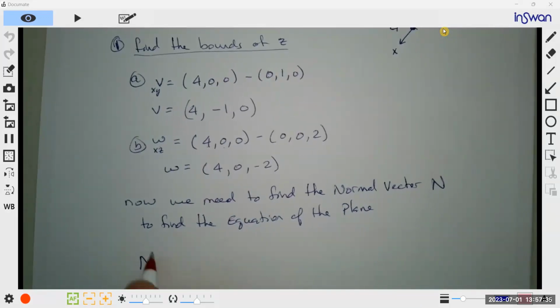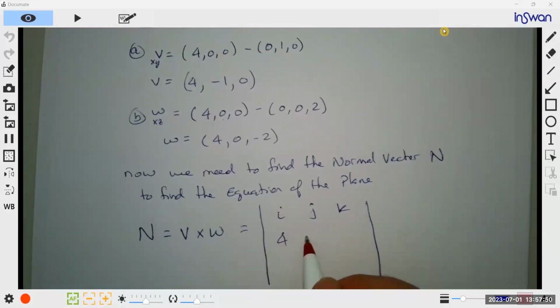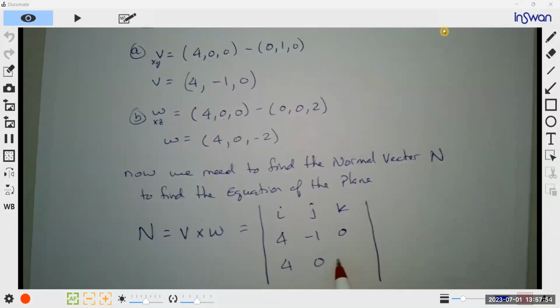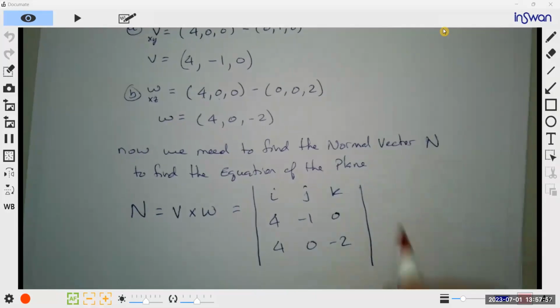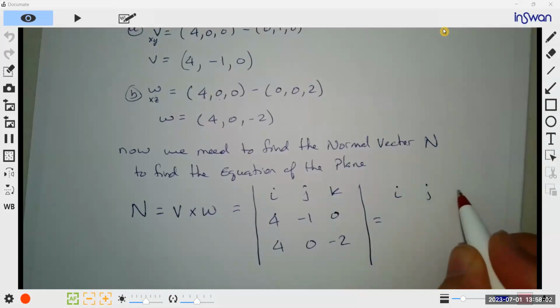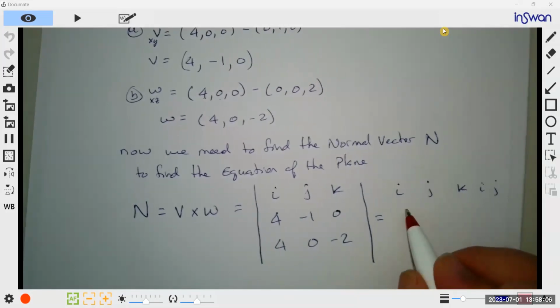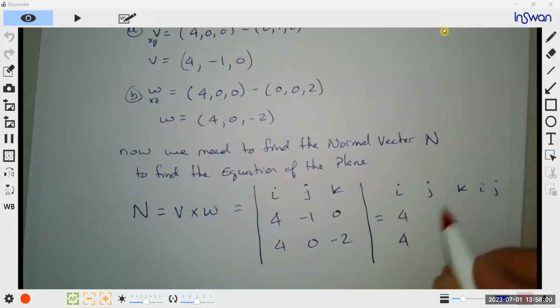So our normal vector is v cross w. I, j, k. Let's find the determinant from there. So it's 4, negative 1, 0. 4, 0, negative 2. And you can use whatever method you want to find the determinant.